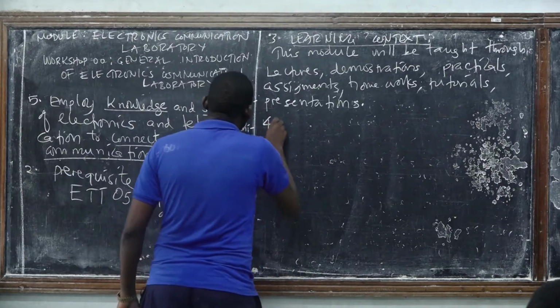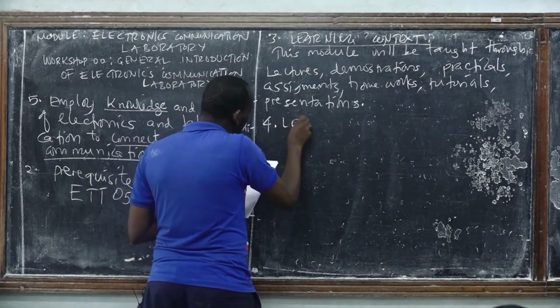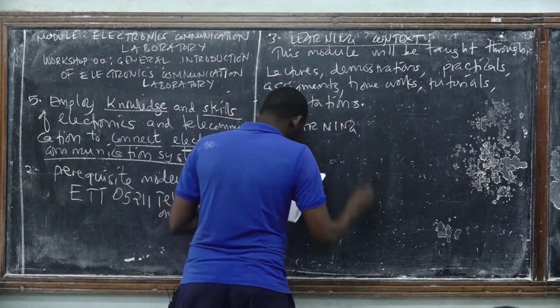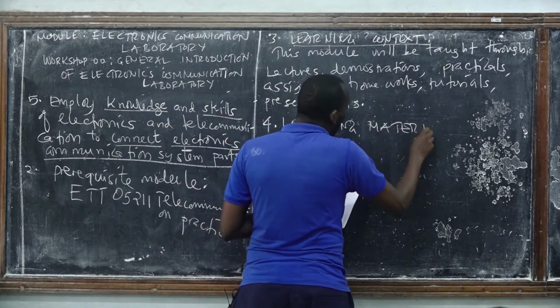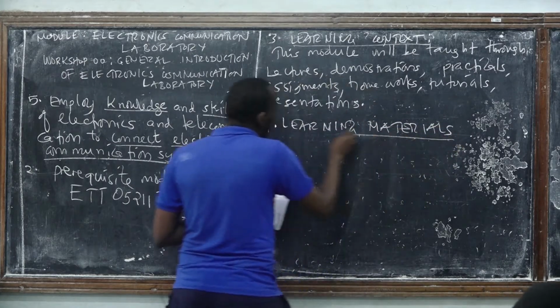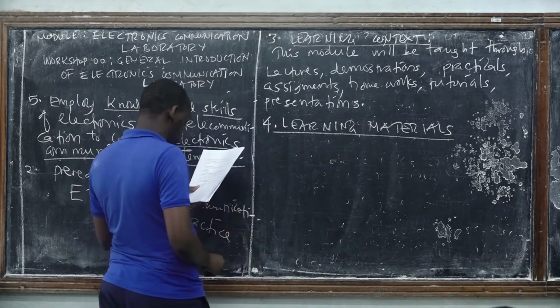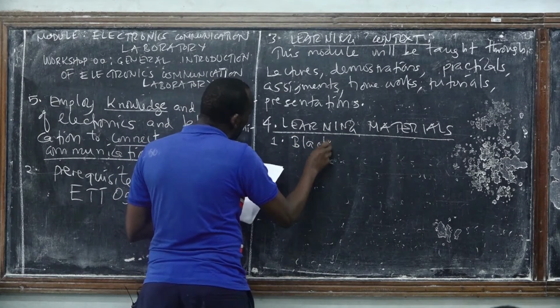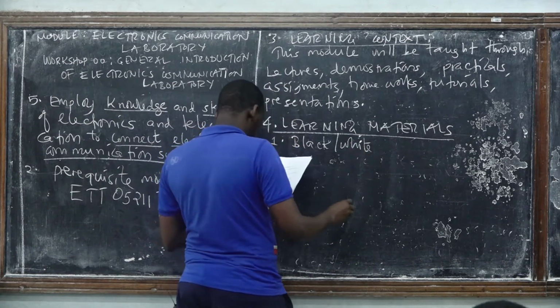Number 4, learning materials. What are the materials that we need in order to learn Electronics Communication Laboratory? The first learning material that we need is a black or white board.